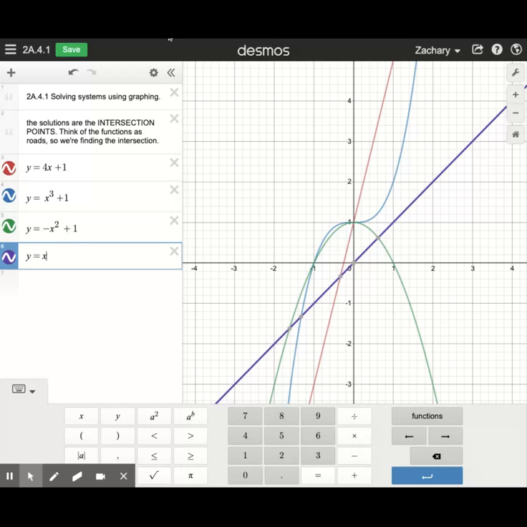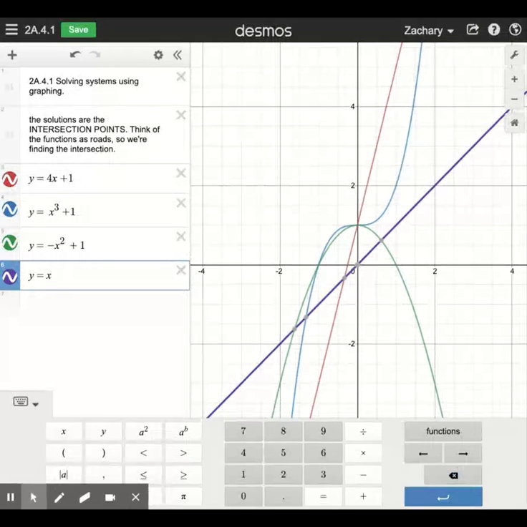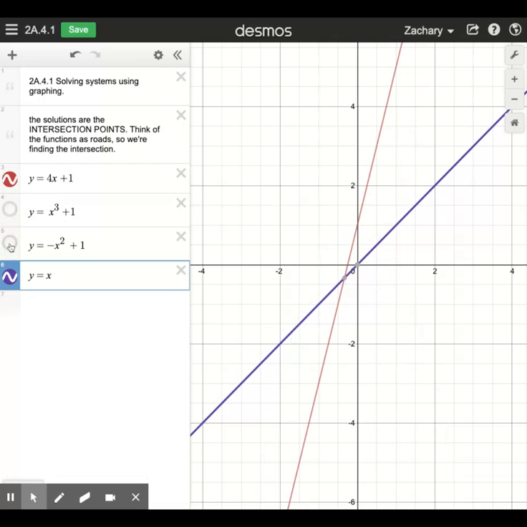Is there a solution for all 4? There is no solution. None. If your system had 4 different functions in it, you would graph all 4 and look, where do they overlap? They don't. I see that there's some overlap between red and purple, right?